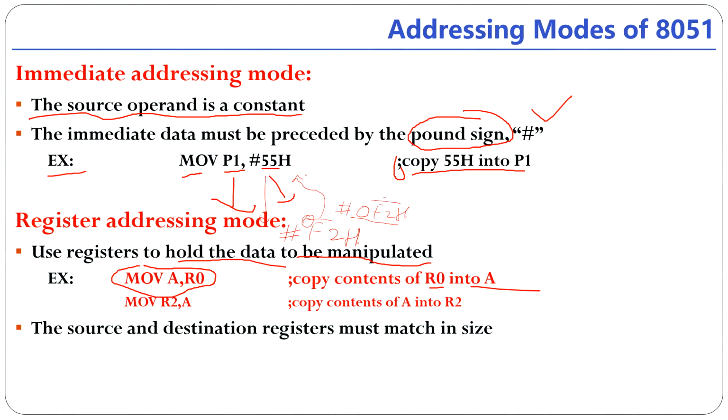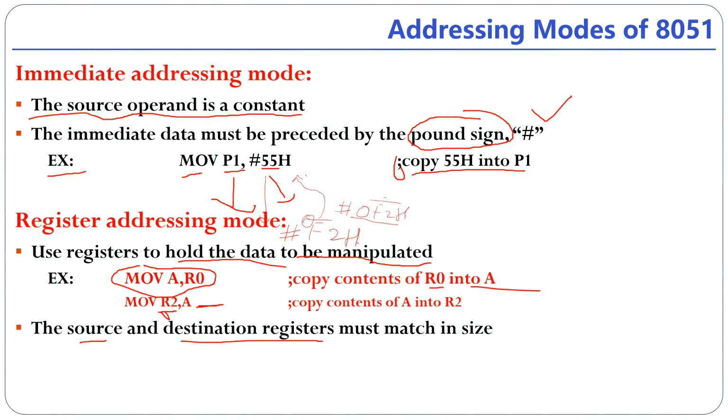Understood? The source and destination registers must match in size. This is the destination register, this is the source register. Note it: they should match in size, the same size of register should be used for source and destination.